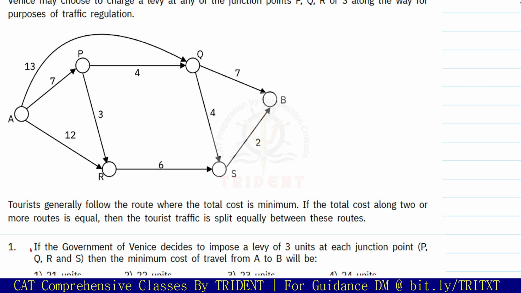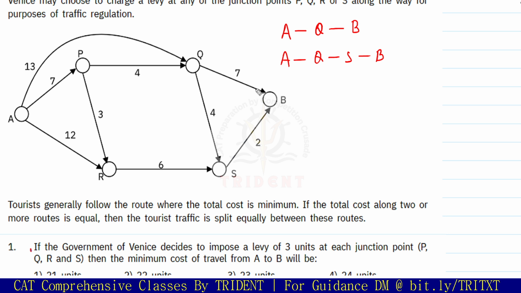Now let's enlist those routes. From A to Q and from Q to B directly, but from A to Q I can also take Q to S and then B. This is also a possible route.